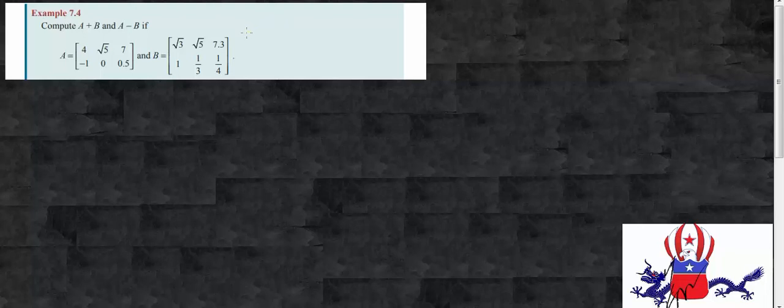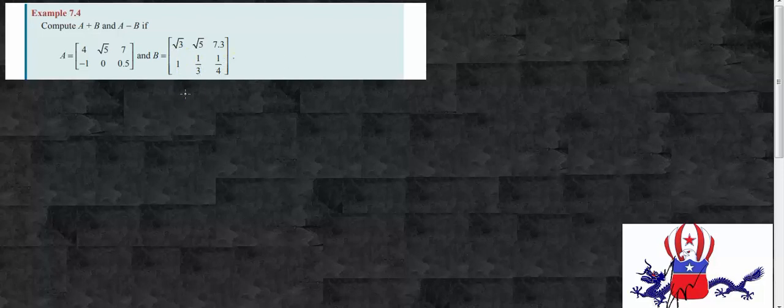Okay, in this we would be learning about addition and subtraction operations when matrices are involved. So we have been given here 2 matrices. One is matrix A, 4, root 5, 7, negative 1, 0 and 0.5, followed by another matrix B, which is root 3, root 5, 7.3, 1, 1 over 3 and 1 over 4.